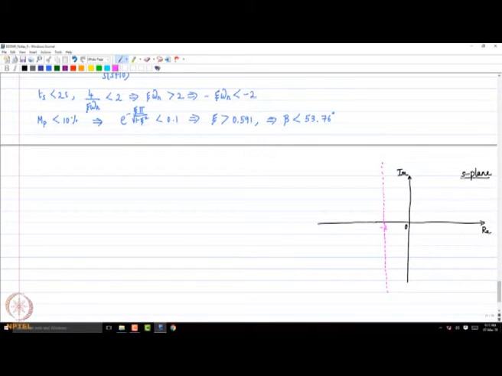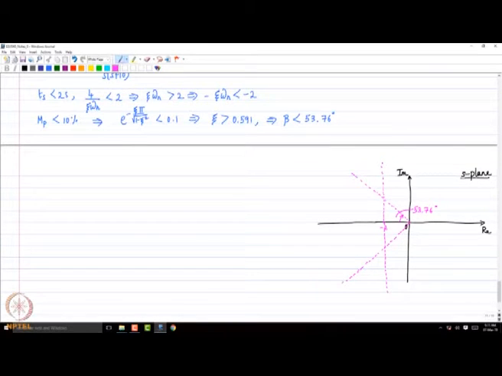Then if I draw two lines that make an angle of 53.76 degrees, right, this angle is 53.76 degrees. That gives me the condition on peak overshoot, right. So this is something which we already discussed.